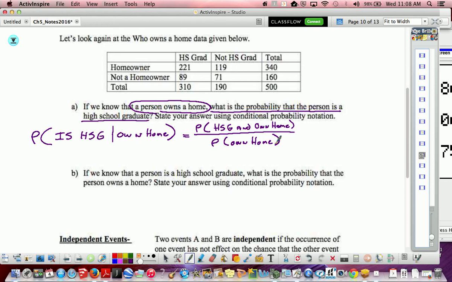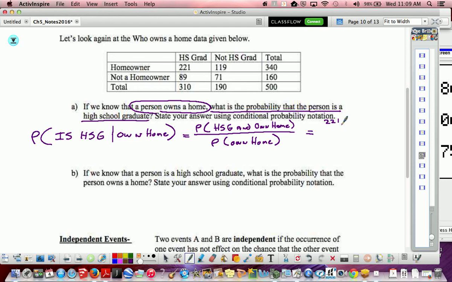So if I'm calculating this out, the probability of having someone who's a high school grad and owns a home: how many students are homeowners and high school grads? 221 out of my 500.